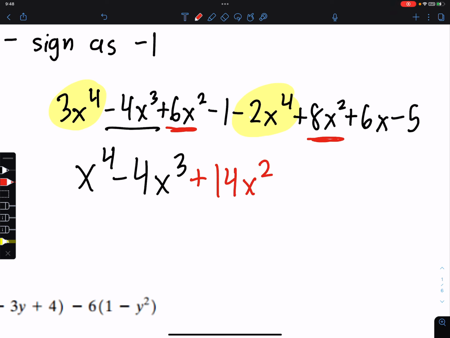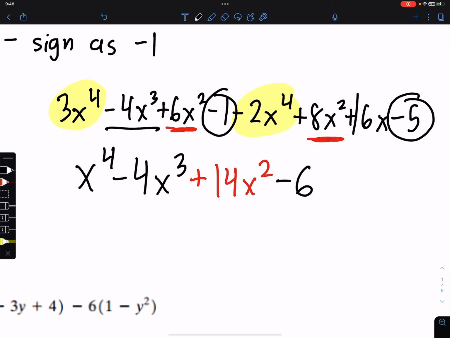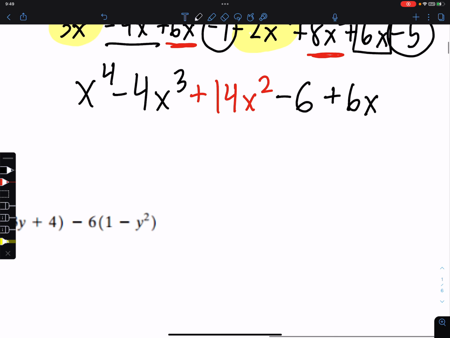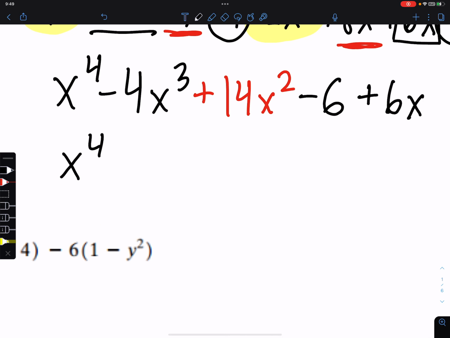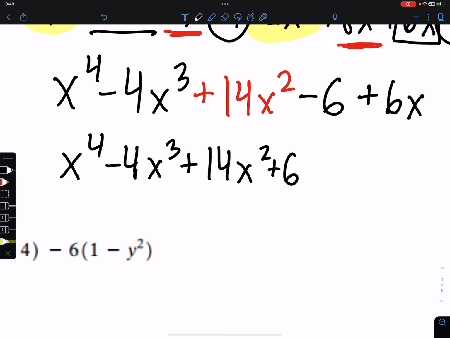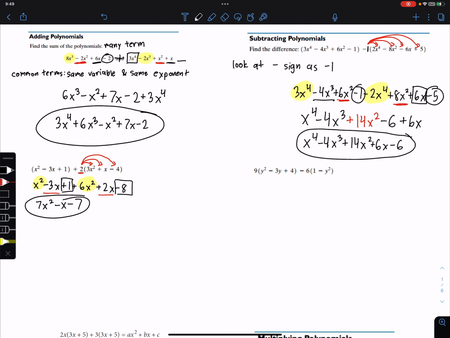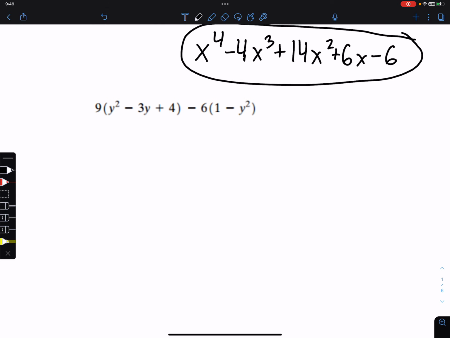Now we have a minus 1 here and a minus 5 here, so minus 6. And then we did not use this 6x term, so we have plus 6x. Okay. Rewrite it in descending order, and also preferably in one color. Plus 6x minus 6. And that's our answer. Okay. Now let's keep on going.